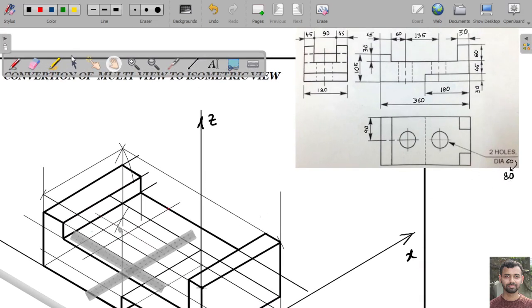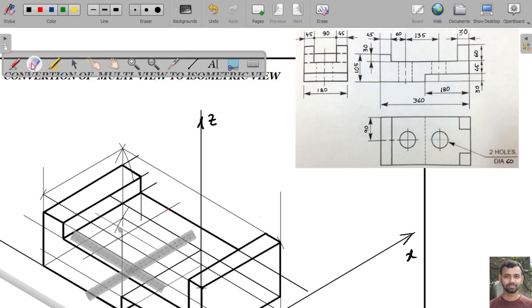due to the limitation of the compass, we have to change the diameter of the hole.